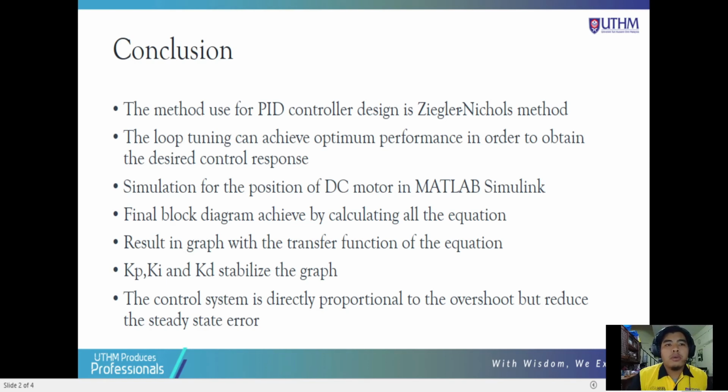The final block diagram is achieved by calculating all the equations of the parameters of the DC motor, and the result is a graph with the transfer function of the equation. Using the PID, KP, KI, and KD can stabilize the graph. Lastly, the control response is directly proportional to the overshoot but reduces the steady state error.